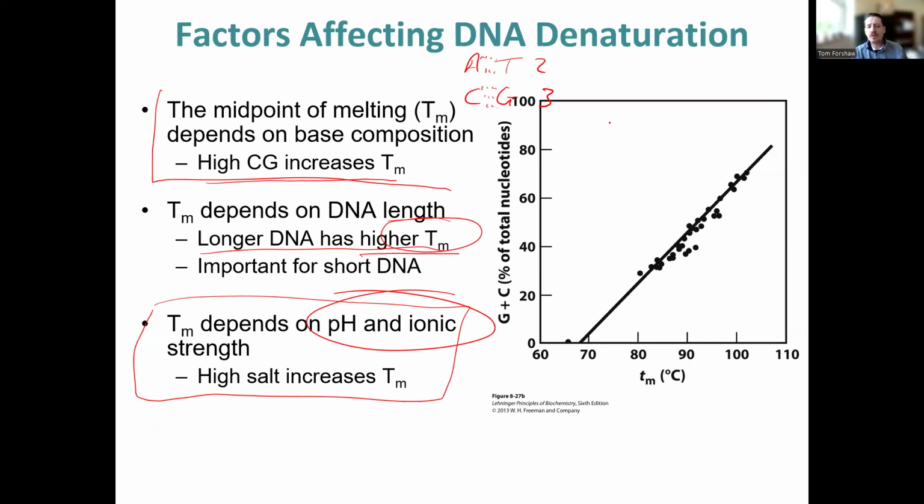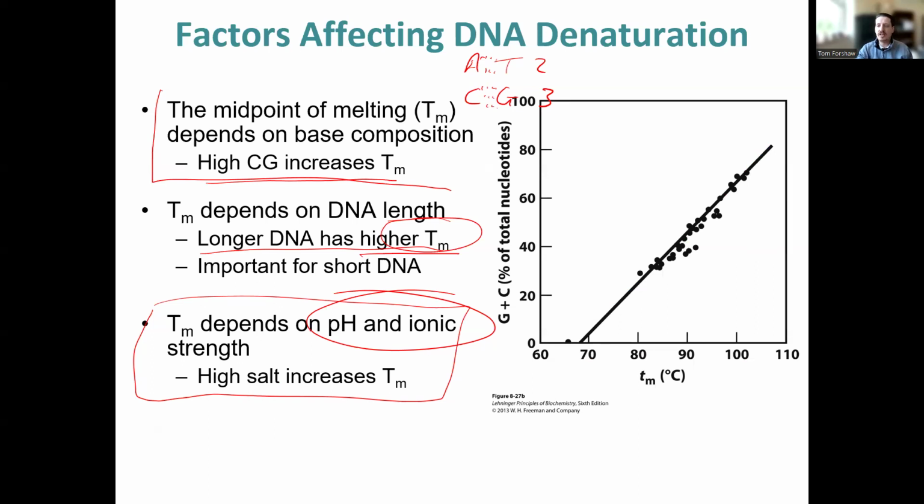So really, the overall thing to take away from this is that the double-stranded DNA is held together in multiple ways by weak intermolecular forces. If you apply enough heat, you can break it apart into 2 single strands. The temperature required for a length of DNA to get 50% of this breaking apart is called melting. It happens unevenly.